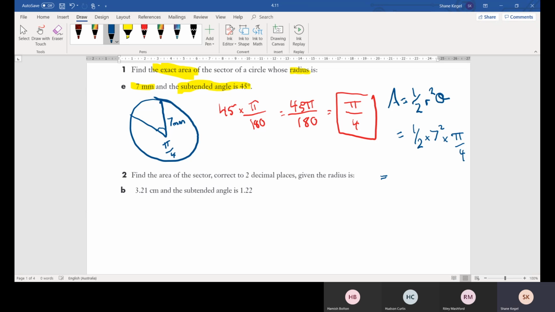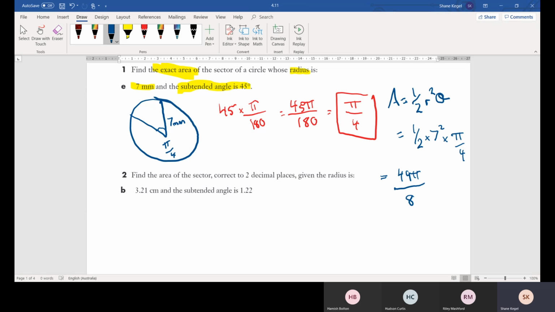I can multiply through, so multiplying the numerators, 1 times 7 squared is 49. 49 times pi is 49 pi. And multiplying the denominators, 2 by 1 by 4 gives 8. I look and I cannot simplify that because there is no common factor in 49 and 8.